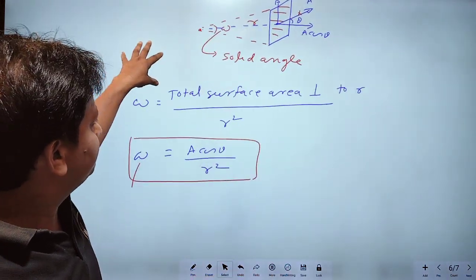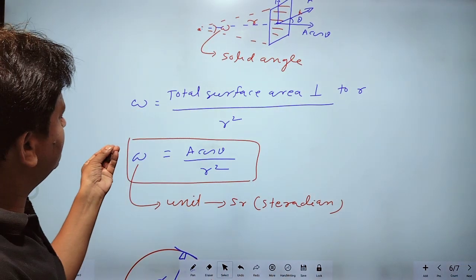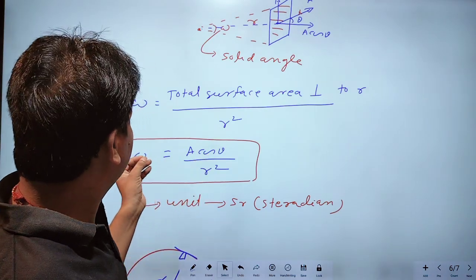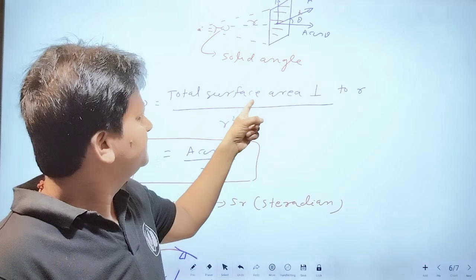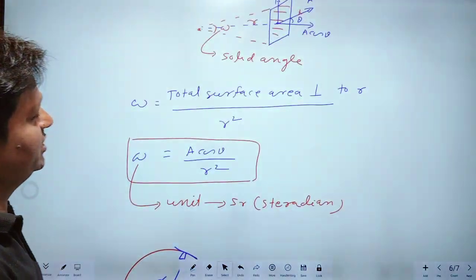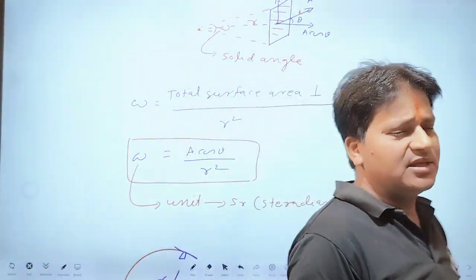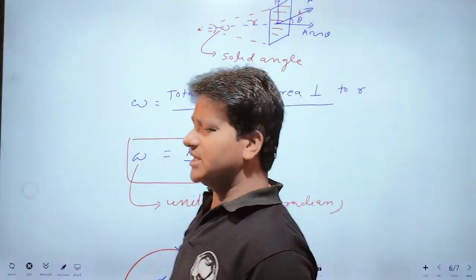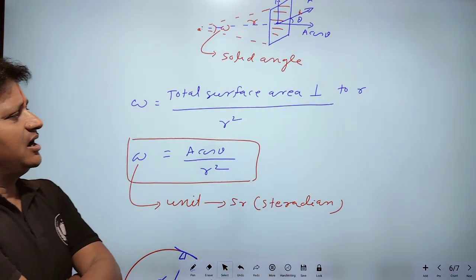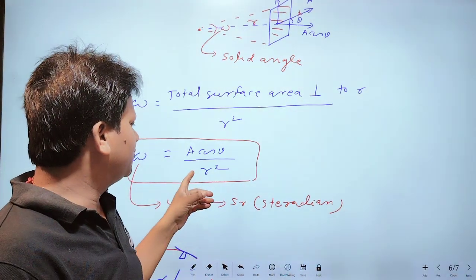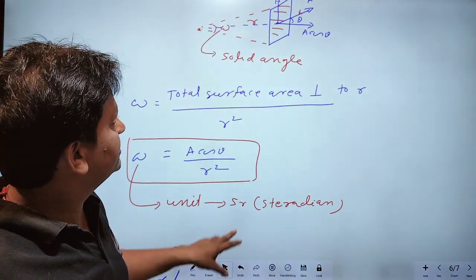Here the definition of solid angle is the ratio of total surface area perpendicular to R and R square. Solid angle is defined as the ratio of total surface area perpendicular to R and R square. Therefore, we take a cos theta, we cannot take a sin theta.